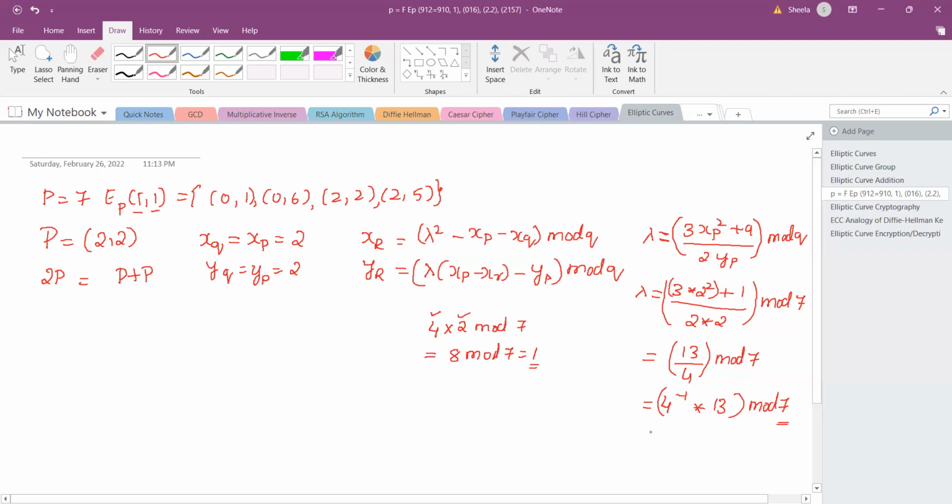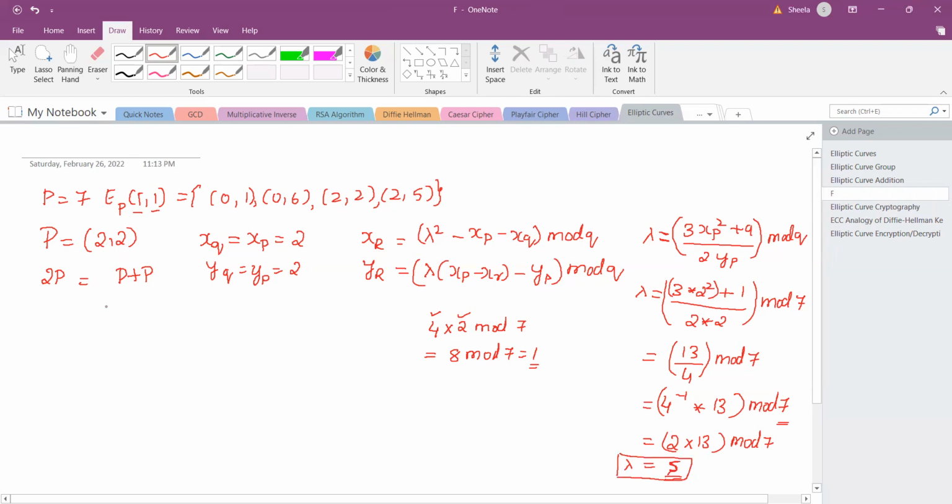So what I'm going to do here is take 2 into 13 mod 7. 2 into 13 is 26. 26 mod 7 means I'll be getting the value as 5. Okay, so 26 mod 7 is 5. So we are going to consider lambda as 5.